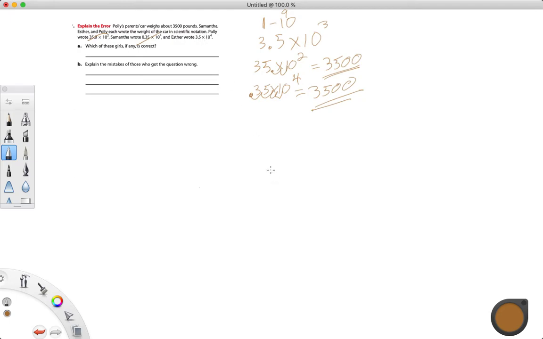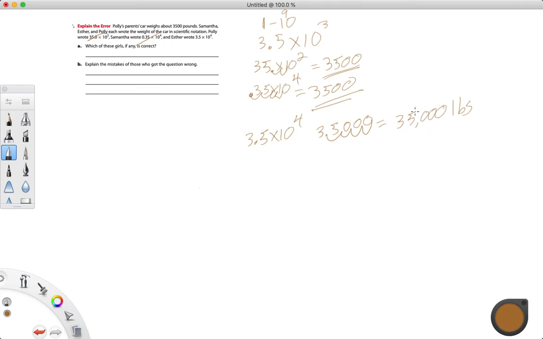3.5 times 10 to the fourth, yes, scientific notation, but let's see what that comes out to be. So if we take our 3.5 and I move it 4 times, 1, 2, 3, 4 times, that's going to give me 35,000 pounds, which is 10 times as much.